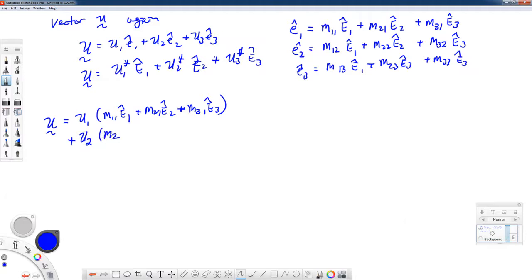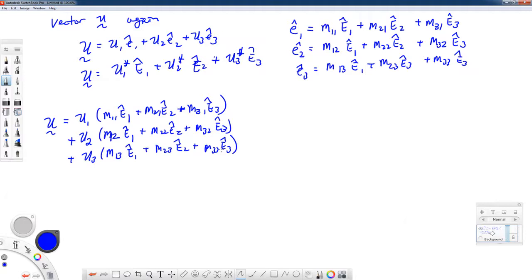Basically, I'm just copying down what I have from a substitution. And then the last line, the u3, we have the m13, the m23, and the m33 times those respective capital E unit basis vectors.